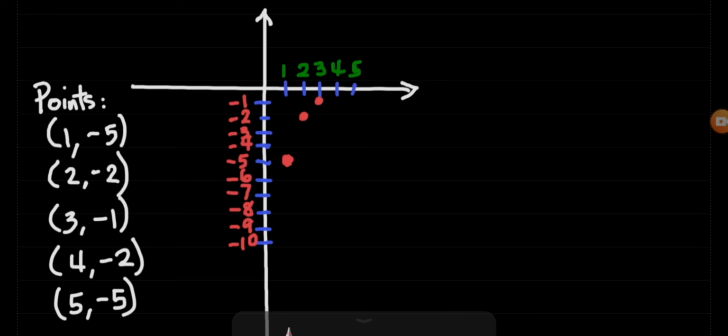Then you have positive 4 and negative 2. Then the last point is positive 5 and negative 5. So this is the point.